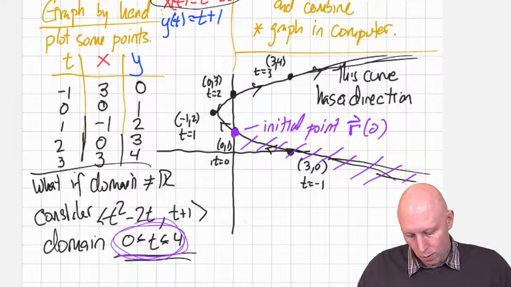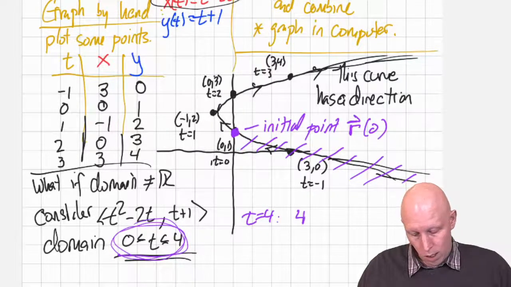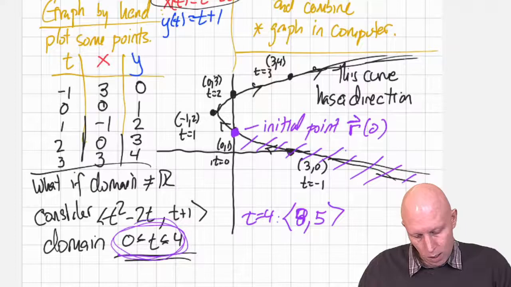When t is equal to 4, we get 16 minus 8, which is 8. And t is 4, that's 5. So 1, 2, 3, 4, 5, 6, 7, 8.